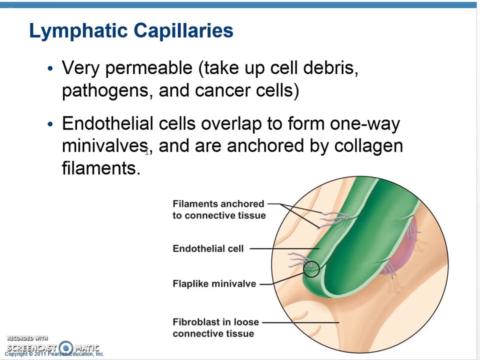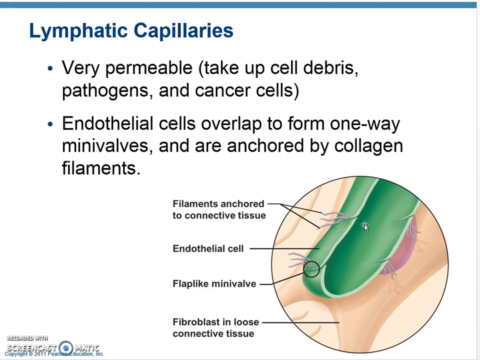So they're easy to push in one direction, but then they don't open up in the other direction. So what this means for your lymph is that it's really easy for lymph to get into a lymphatic vessel.